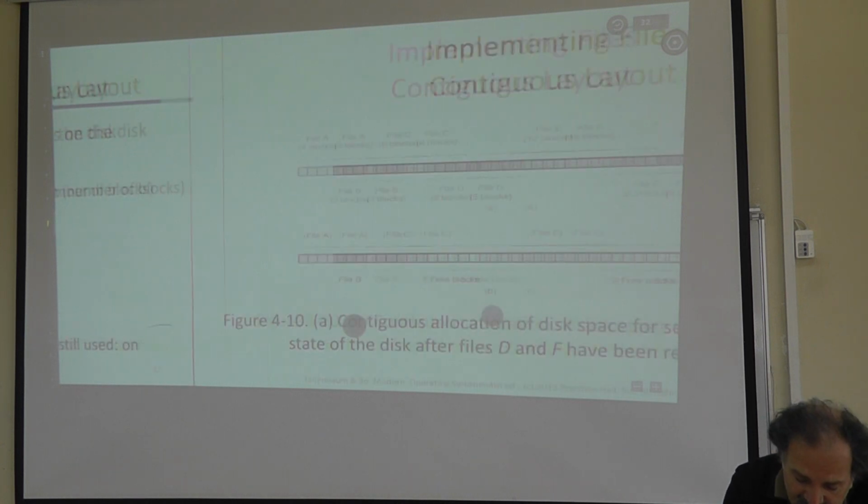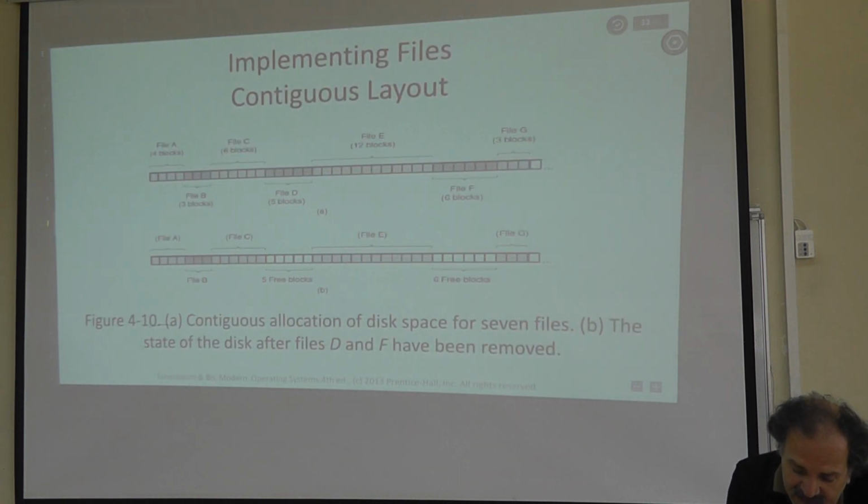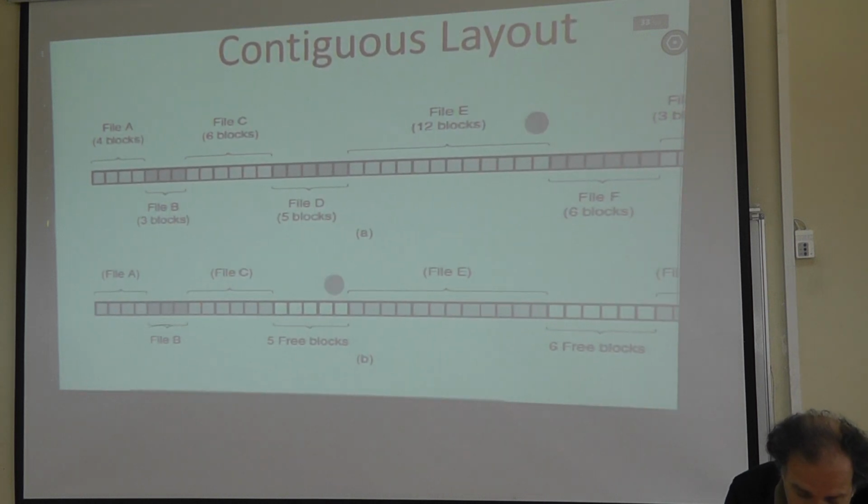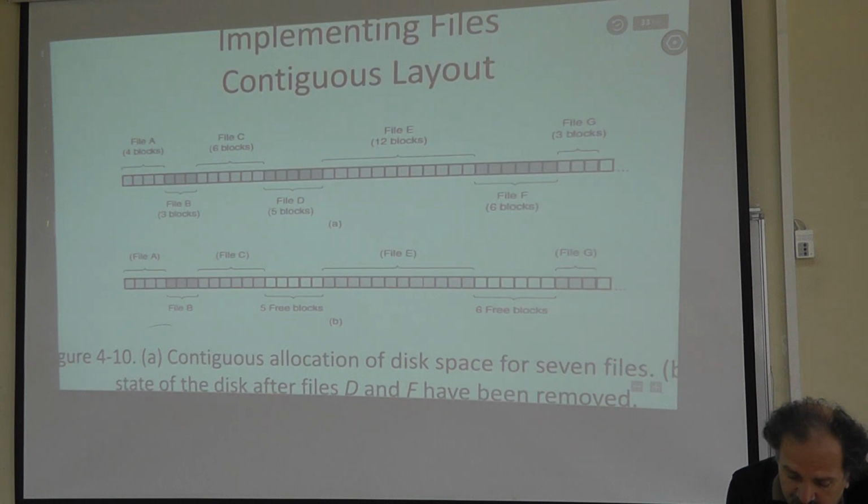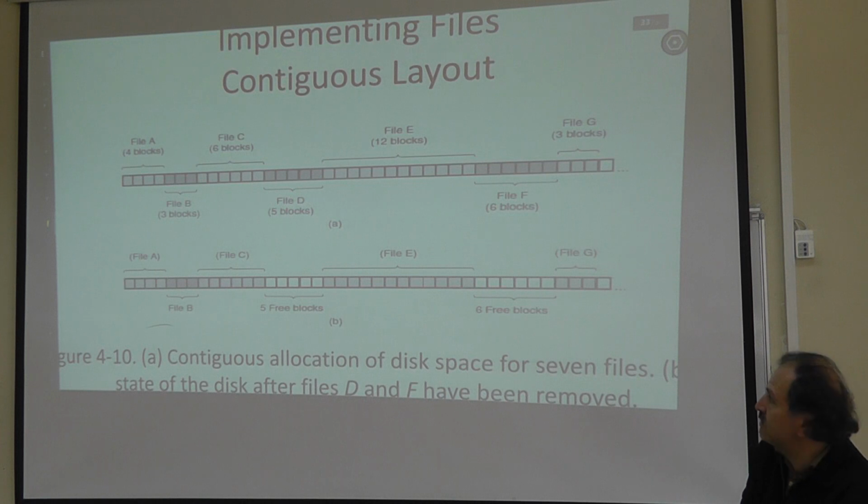In the contiguous layout, this is the picture. Let's say I have 1, 2, 3, 4, 5, 6, 7 files in my file system. File A needs 4 blocks, file B needs 3 blocks, file C needs 6 blocks, etc. If I put my files one after the other, like this, this might be the picture.